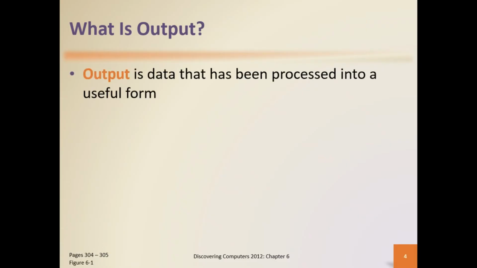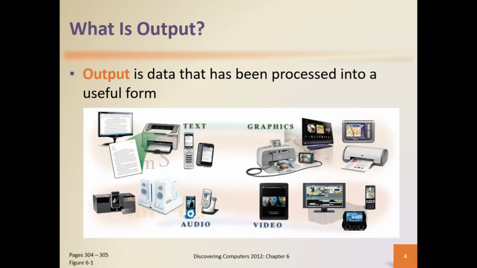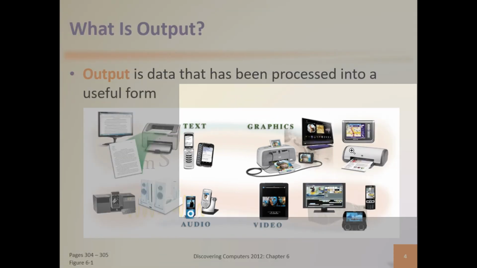Next is, what is an output? Output is data that has been processed into a useful form. After getting the data using our input devices, yung output naman is it will also display something for us to see. For example, una tayo dito.